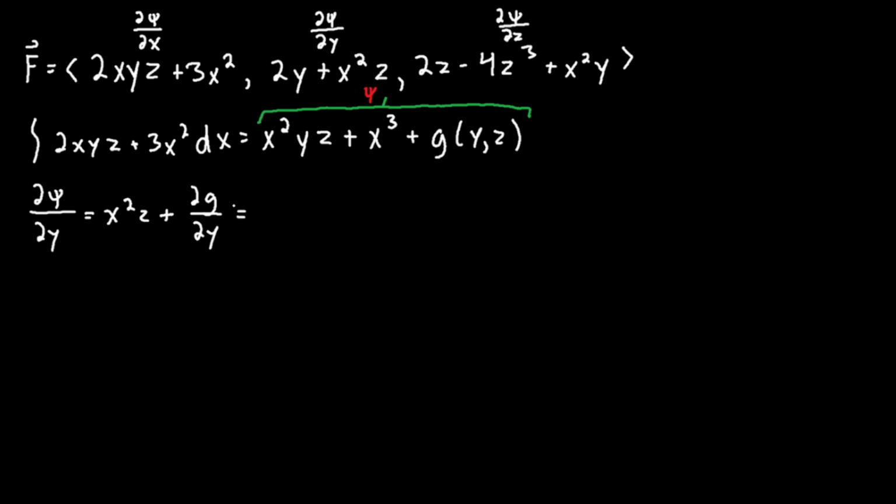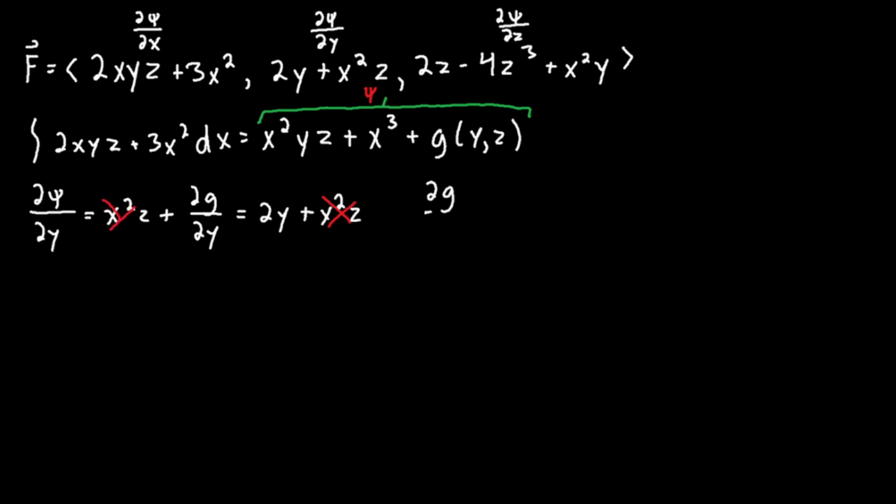And this is equal to the second component of our vector field, so 2y plus x squared z. And as you can see, you can cancel out x squared z.